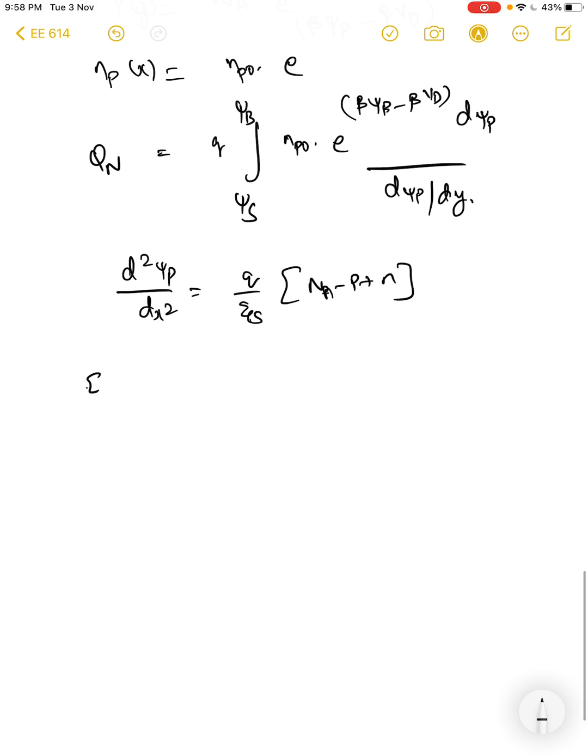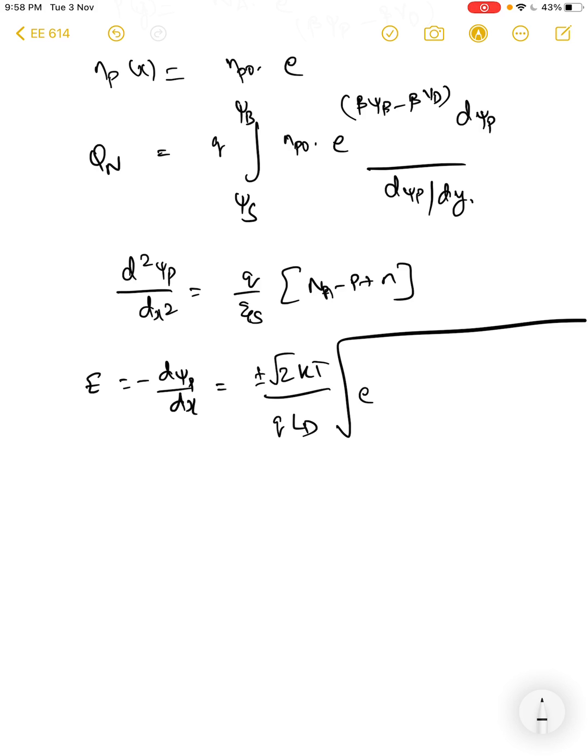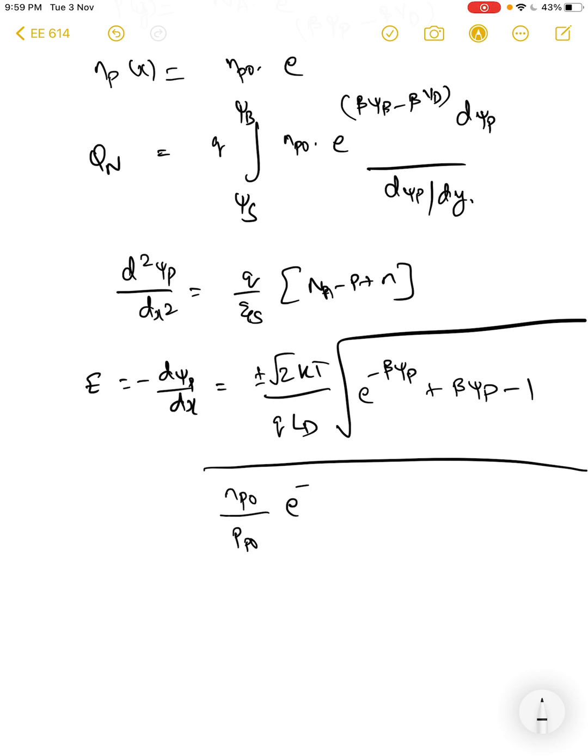And you can find the field E, which is minus d psi p by dx, which is an integration of this, which will turn out to be plus or minus root 2 kT by q L_D, root of e power minus beta psi p plus beta psi p minus 1, continuation of the root, Np naught by pp naught e power minus beta Vd, e power beta psi p minus beta psi p e power beta Vd.